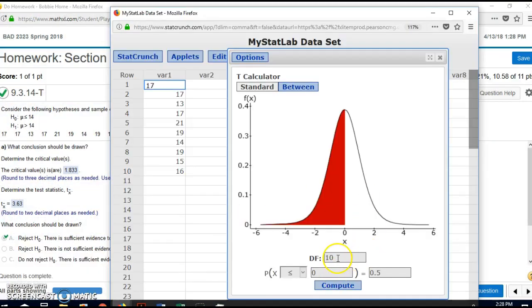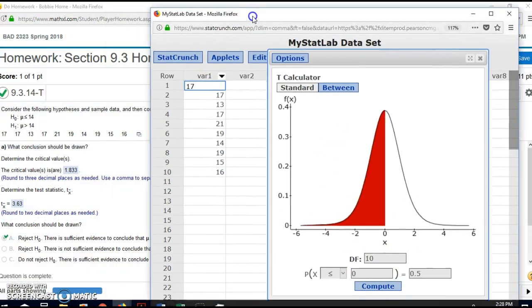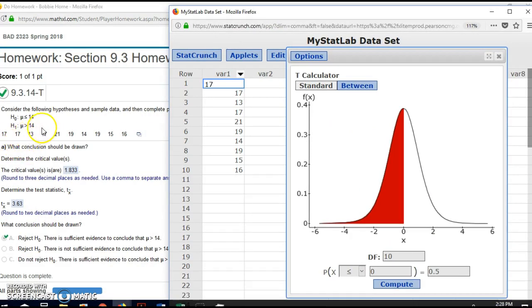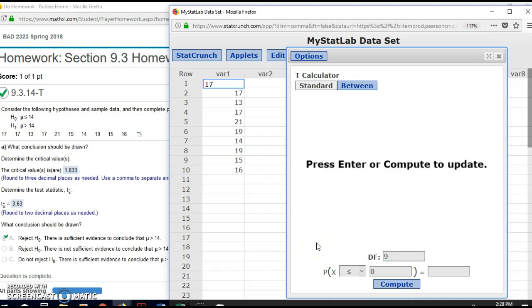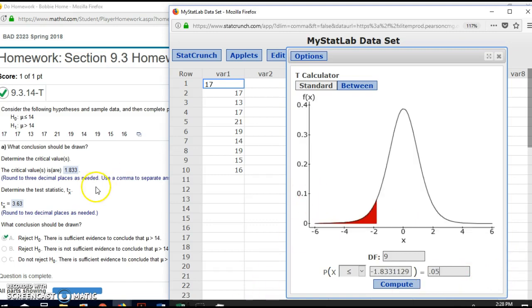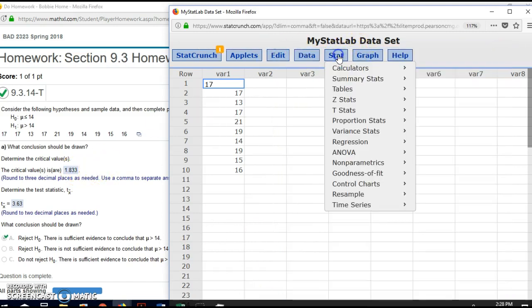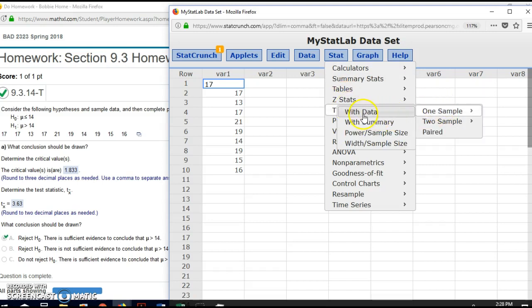So the degrees of freedom, how many numbers do we have here? 1, 2, 3, 4, 5, 6, 7, 8, 9, 10. So degrees of freedom is 9. And then it's a one-tailed test, so we can say alpha is 0.05. So our critical value is negative 1.833.